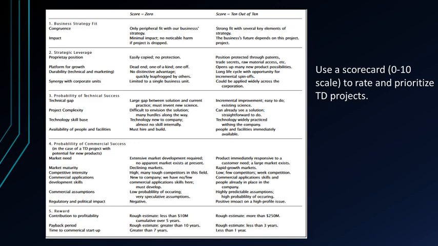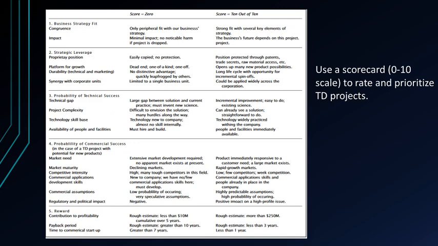Second score, strategic leverage: proprietary position, platform for growth, durability, which is technical and marketing, and synergy with corporate units, i.e. the base technology that the company uses. With a score of 0, it is easily copied, no protection, dead end, one of a kind, one off, no distinctive advantage, quickly leapfrogged by others, and it's limited to a single business unit.